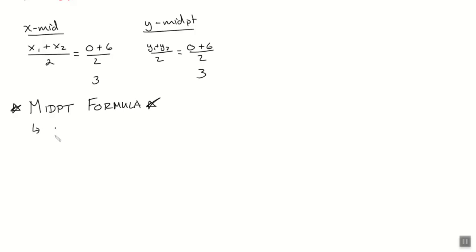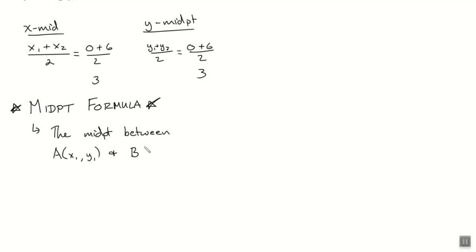We're going to say the midpoint between, and we're going to write this in general terms, okay? We're going to say our first point is A, and its ordered pair is x1, comma, y1.